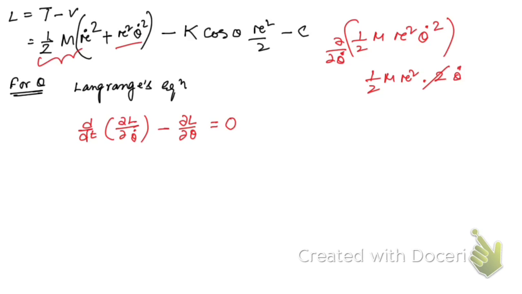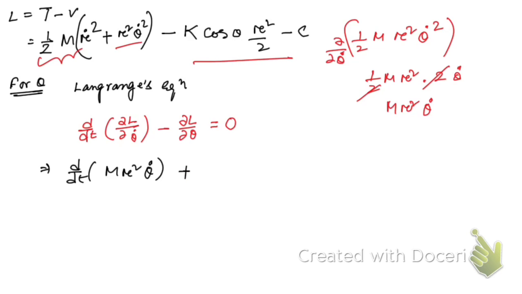Then the 2 will be cancelled, so M r square theta dot. That's what we will get. So here we have d/dt of M r square theta dot, plus, again, if you differentiate this part with respect to theta dot, that's going to be 0 obviously.